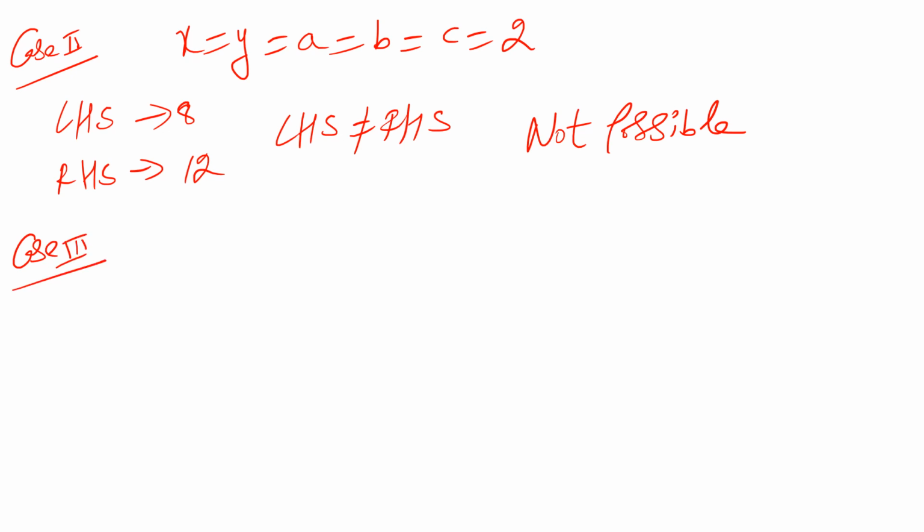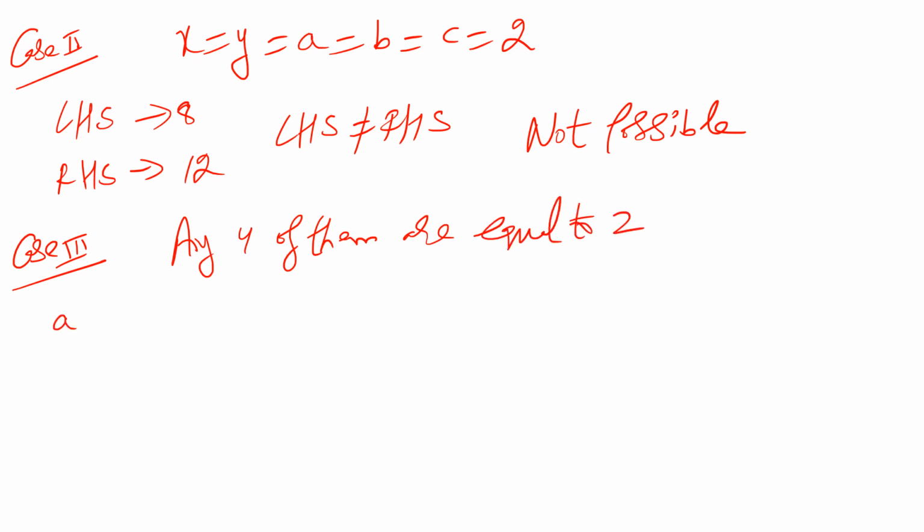In the third case, what I'm going to take, I'm taking any 4 of them as 2. So the first subcase of this case is that x and y and a and b are equal to 2, but c is not equal to 2. Now you can take anyone among a, b, c as not equal to 2. That is your choice.